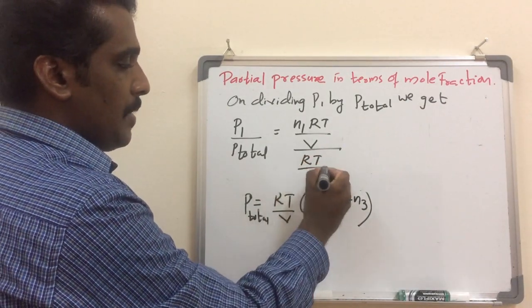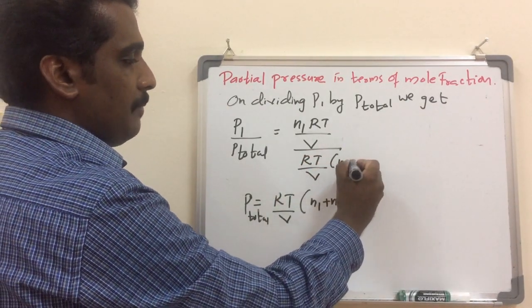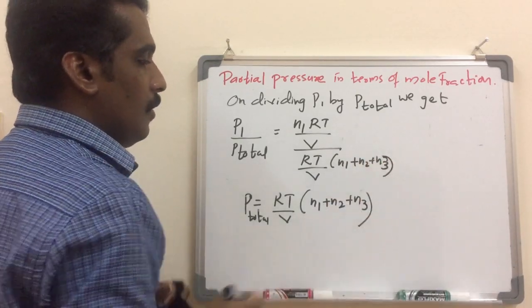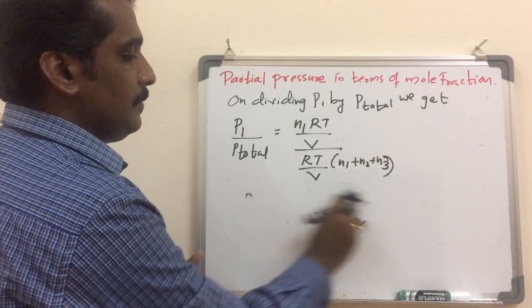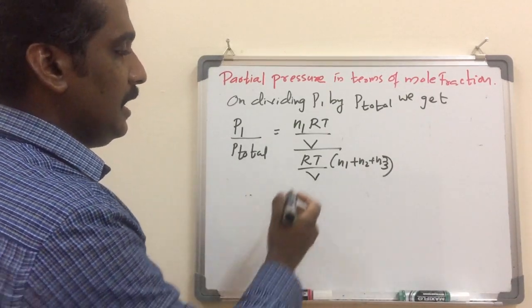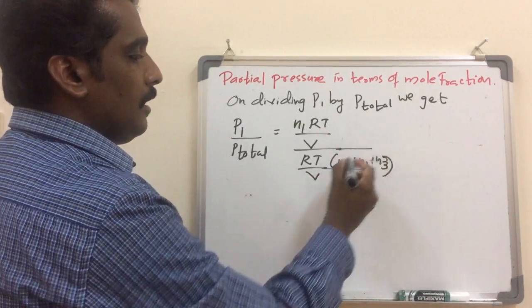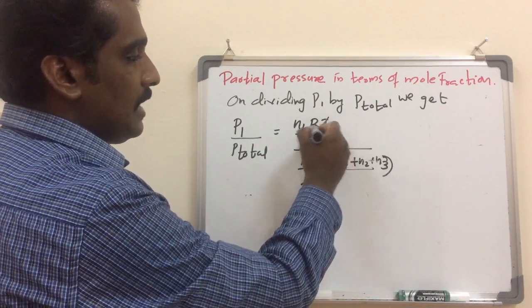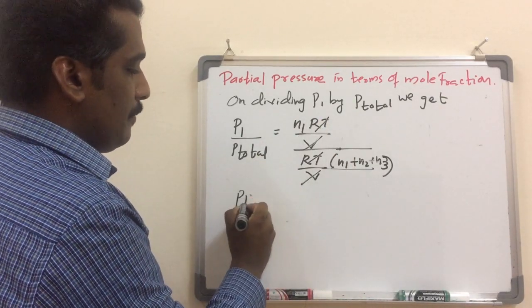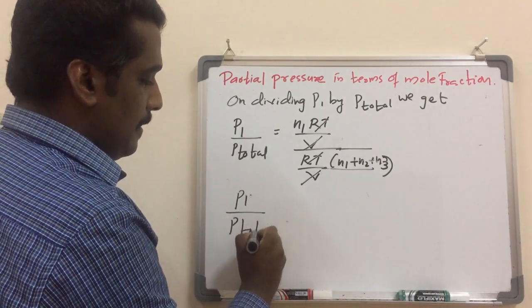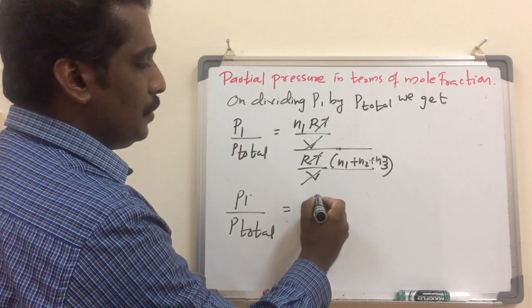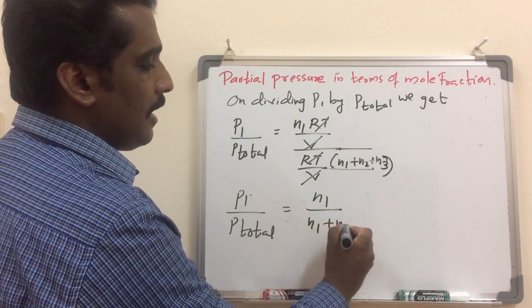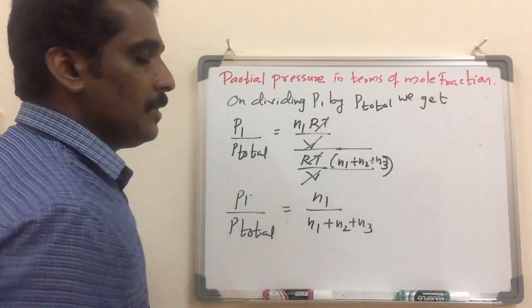RT by V into N1 plus N2 plus N3. Then V will cancel, RT will cancel. What will we get? P1 by P total is equal to N1 by N1 plus N2 plus N3.